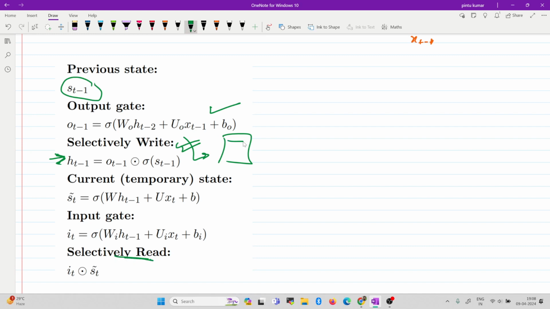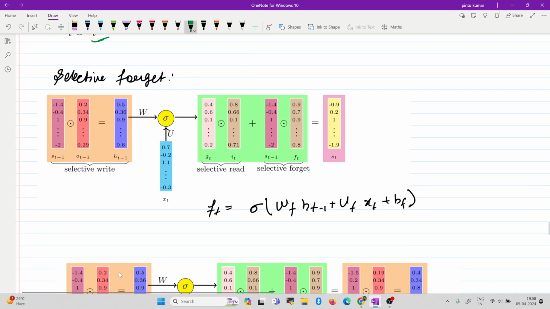Selective read is, out of the information that is written, what information do you want to read out of it? What was written was h of t minus 1 and x of t. So we mixed them to form a temporary state s tilde that depends on h of t minus 1 and x of t, and we apply an input gate on this. So we combined them together and then extracted the important information out of it.